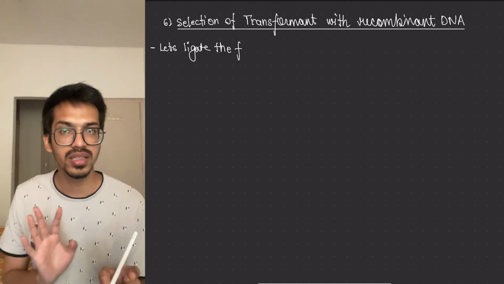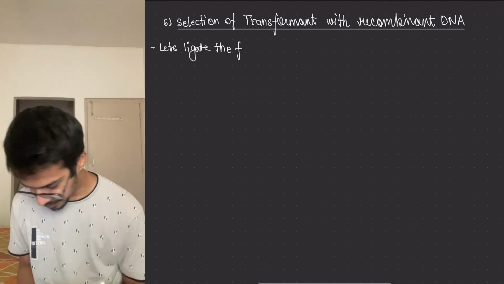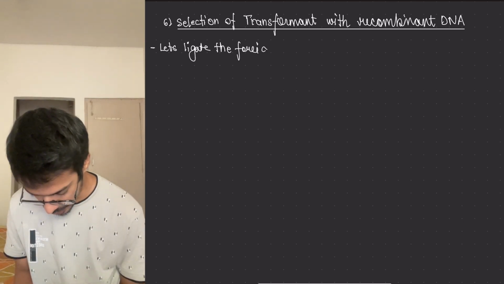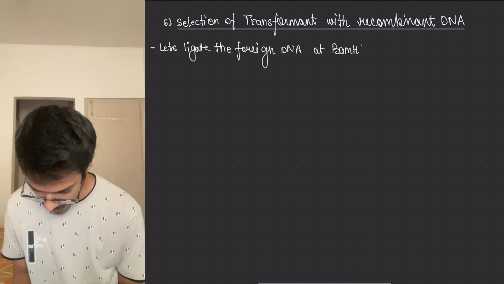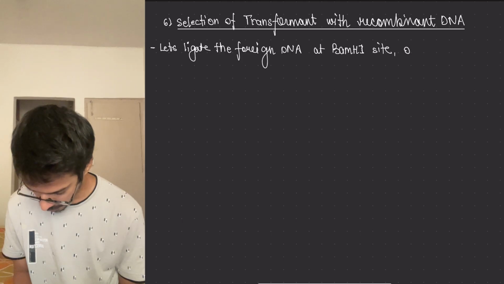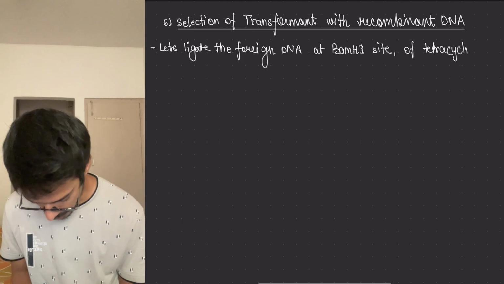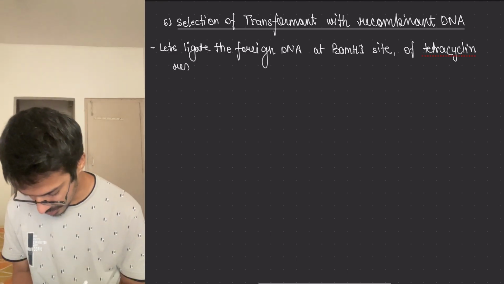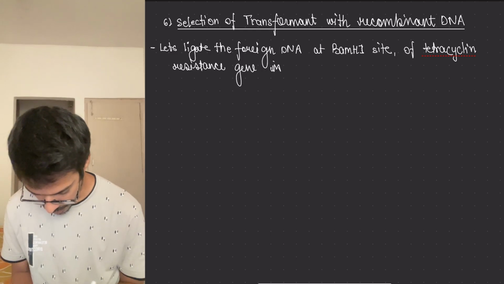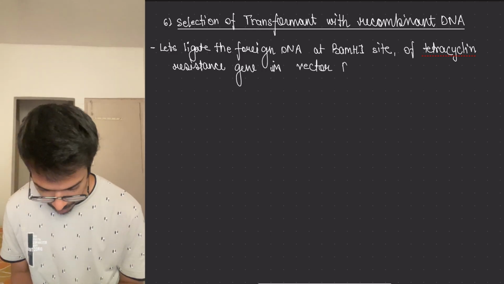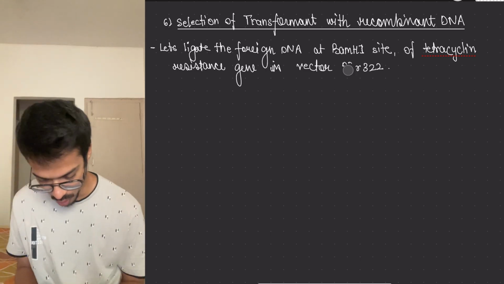We will cut at the BamHI site, of foreign DNA at the BamHI site of the tetracycline resistance gene in the vector pBR322, because tetracycline will be cut over there. I just wrote it wrong.